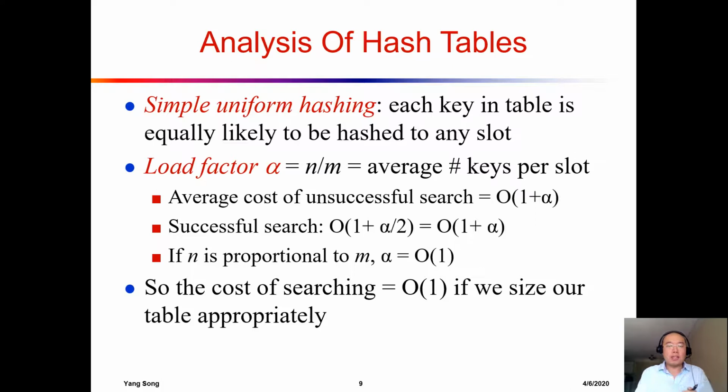No matter if it is a successful or unsuccessful search, the search time cost will be O(1 + alpha). And if n is proportional to m, then alpha can be considered as a constant, and in this case we can have a constant time search.